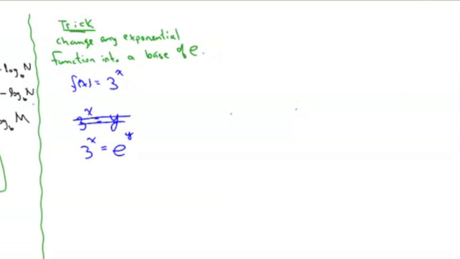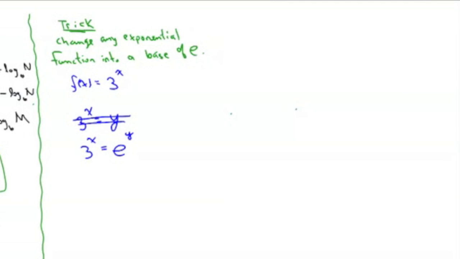Because we want to get the y by itself. Well, e to the y's inverse property is log base e, and log base e is also known as ln. Remember I was lazy last week and I said ln is better because it's only 2 letters rather than 3. So ln has a base of e.